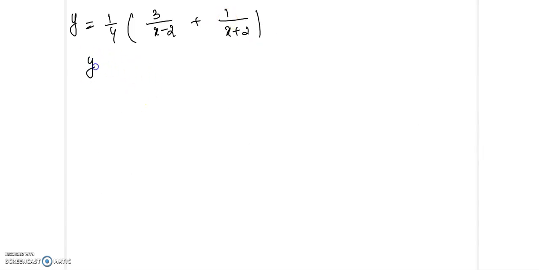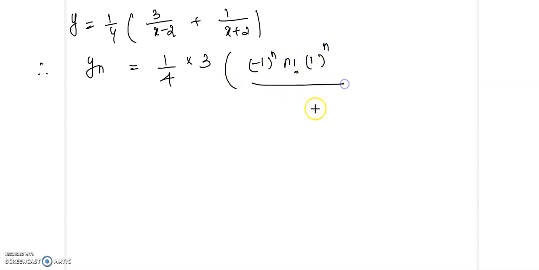Therefore yn is equal to 1 by 4 into 3, and the nth derivative of 1 by x minus 2 is minus 1 whole raised to n factorial, a is 1, so 1 raised to n by x minus 2 whole raised to n plus 1.